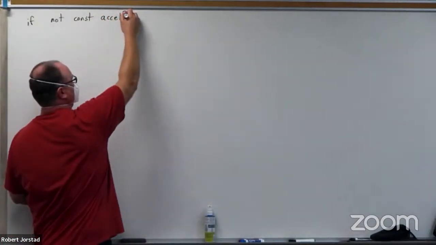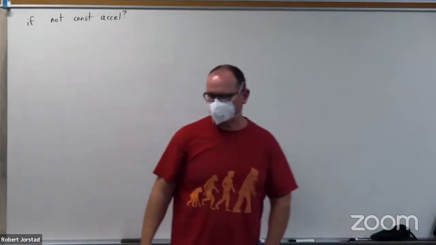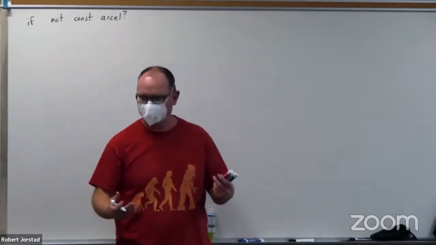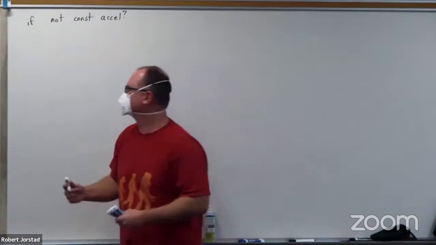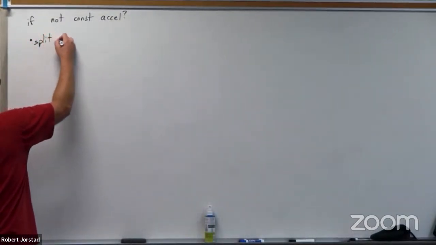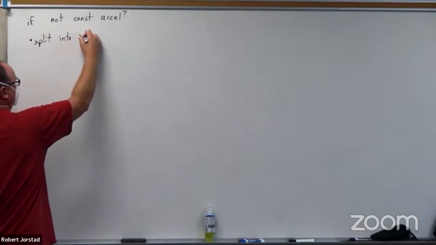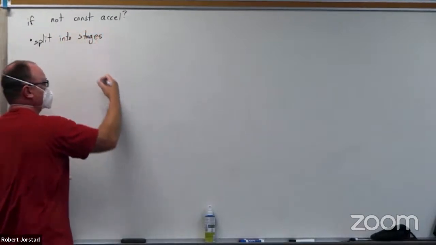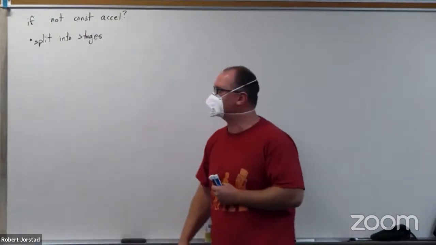You remember some of the stuff that we had to do in chapter 2 when acceleration wasn't constant? What's that? Split into stages. Excellent. We could split this into stages and do constant acceleration on each one.